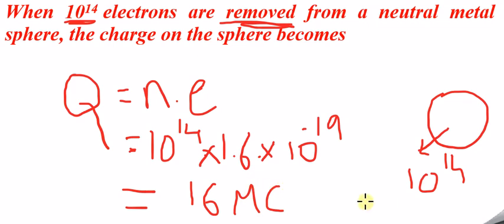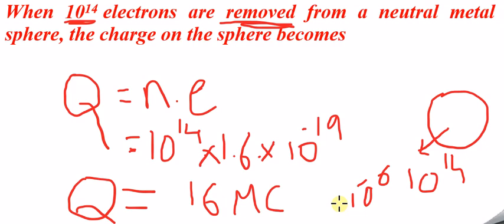Micro means 10 raised to minus 6. So the total charge on this sphere after removal of 10 power 14 electrons is 16 microcoulombs, that is 16 into 10 raised to minus 6 coulombs. In this way you have to find the total charge.